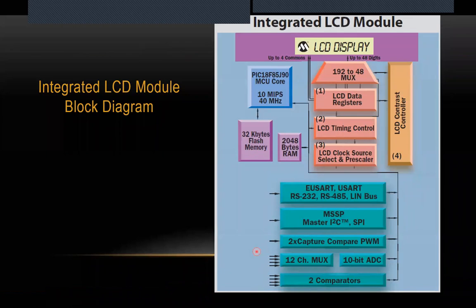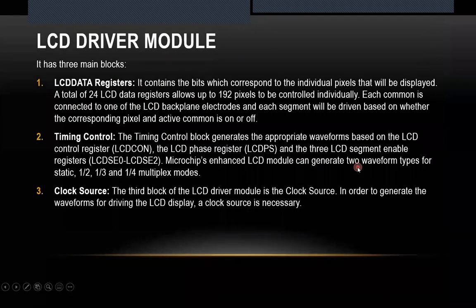So this is the block diagram of the internal LCD module, and there are three main parts of this LCD module: the LCD data registers, LCD timing control, and LCD clock source. The LCD data registers control the pixels that are to be displayed on the LCD.